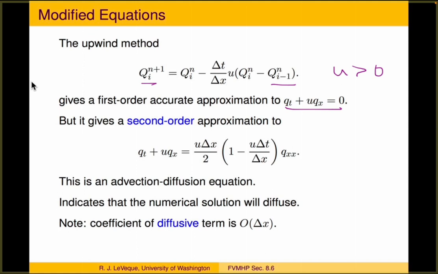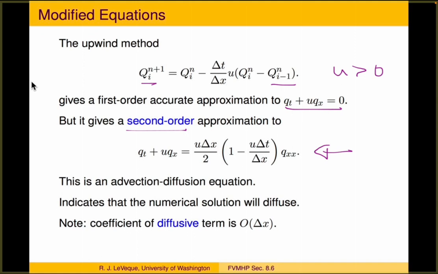But suppose instead of trying to approximate that equation, suppose we were trying to approximate this PDE here instead. And so if we said Q is really the exact solution of this equation, and we did the same Taylor series expansions in the Upwind method, but then assumed that this differential equation held for Q, then more terms would cancel out, and the local truncation error would turn out to be second order, delta x squared and delta t squared accurate, rather than only first order accurate.